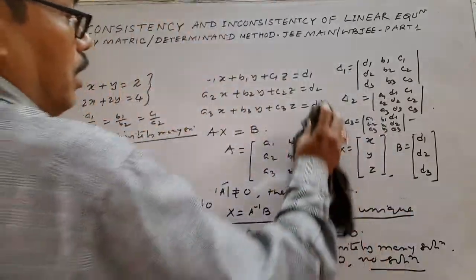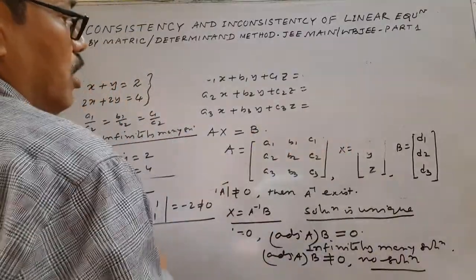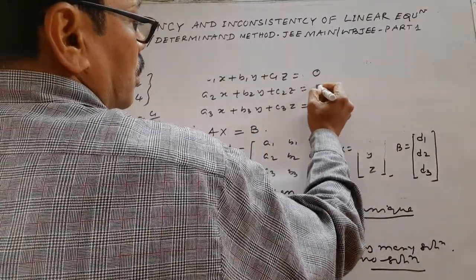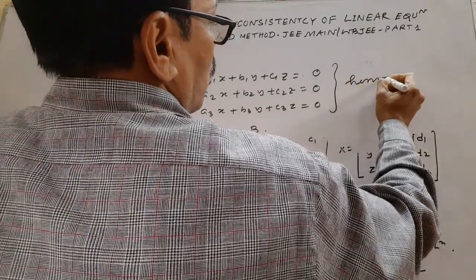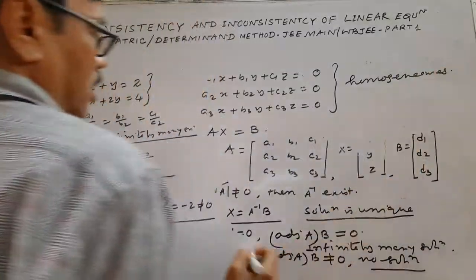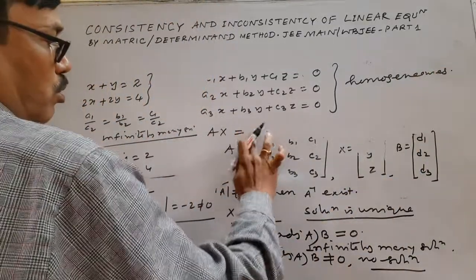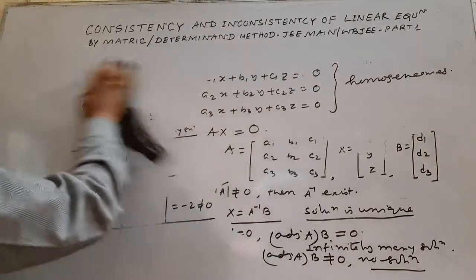If this is 0, this one is 0, then they are called homogeneous equations. Then Ax equals 0, the null matrix.